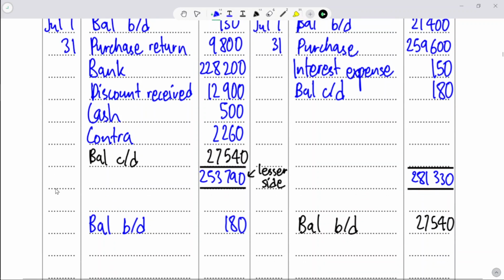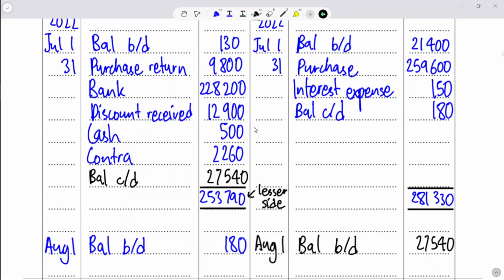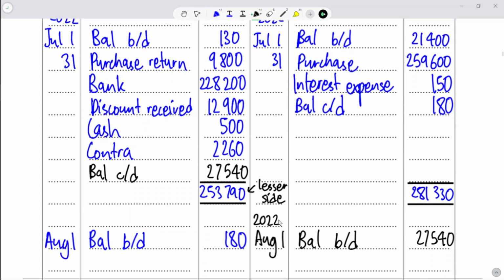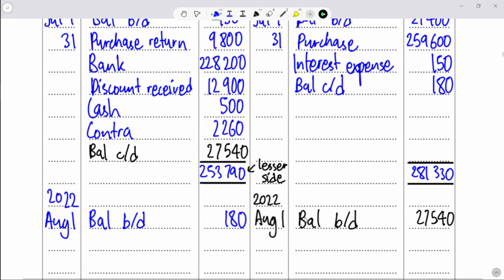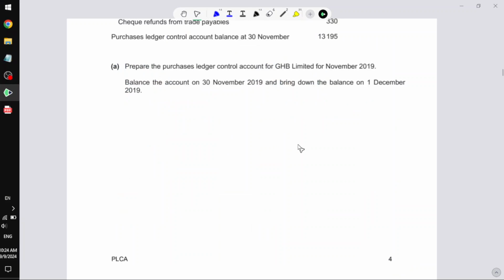Bring down to next day. Next day will be July 31. Next day will be August 1. Okay, it's 2022. So this one is correct.